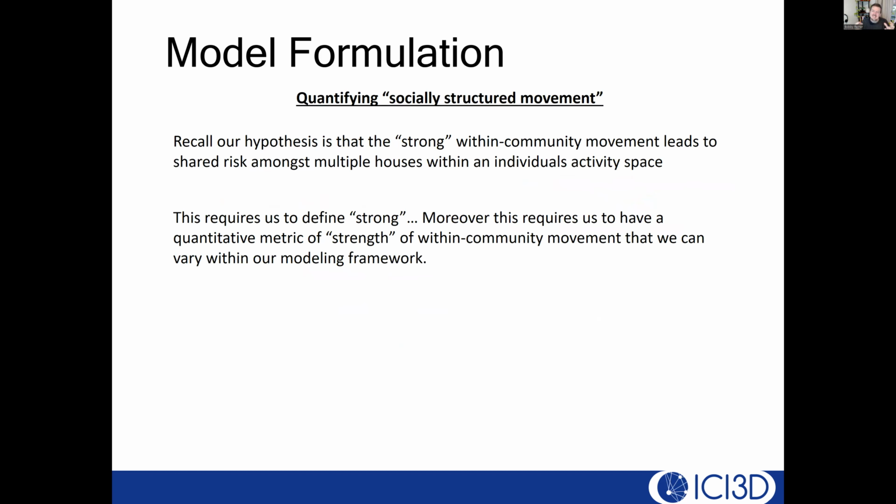Specifically, we wanted to distill our question down into something quantifiable. We are talking about socially structured movement. How much overlap do we see, and how strong is that overlap? How much do I have to move within my own individual group before I start seeing these patterns? As an example, if all that happens is I only visit my family and I never visit anybody else, and some other family only ever visits their family, we're essentially building islands across the city where people, sure, live spread out across the city, but they don't visit anybody.